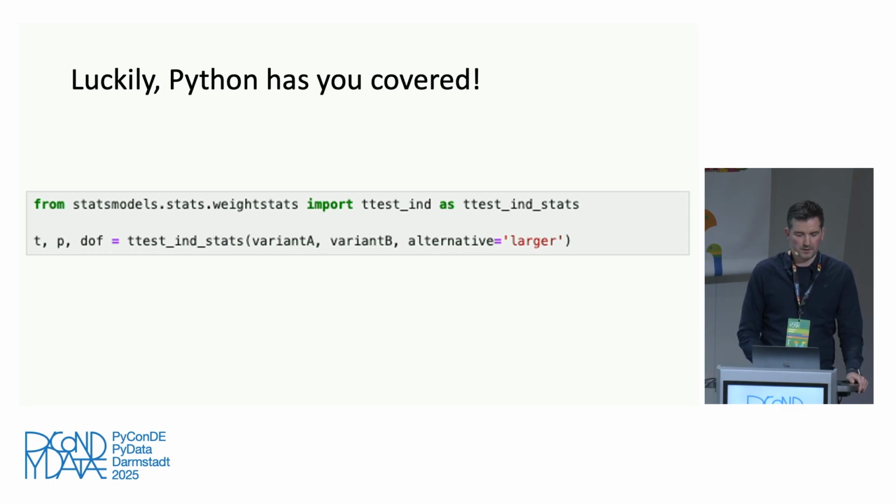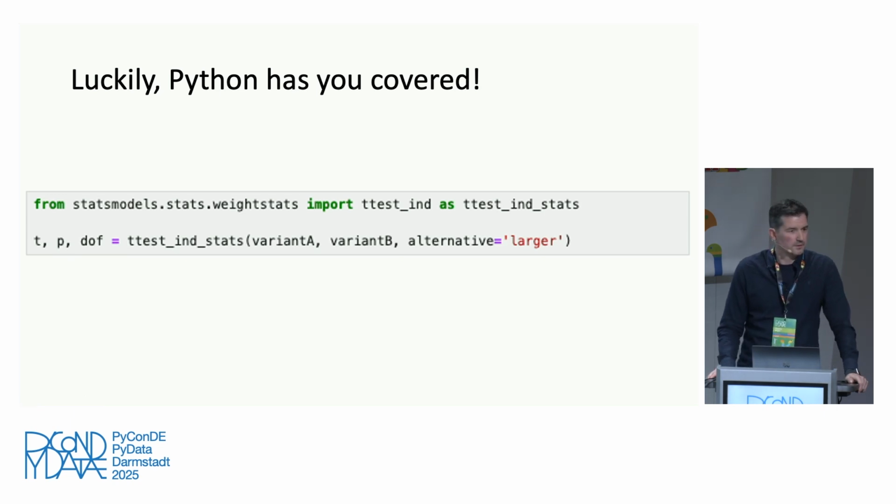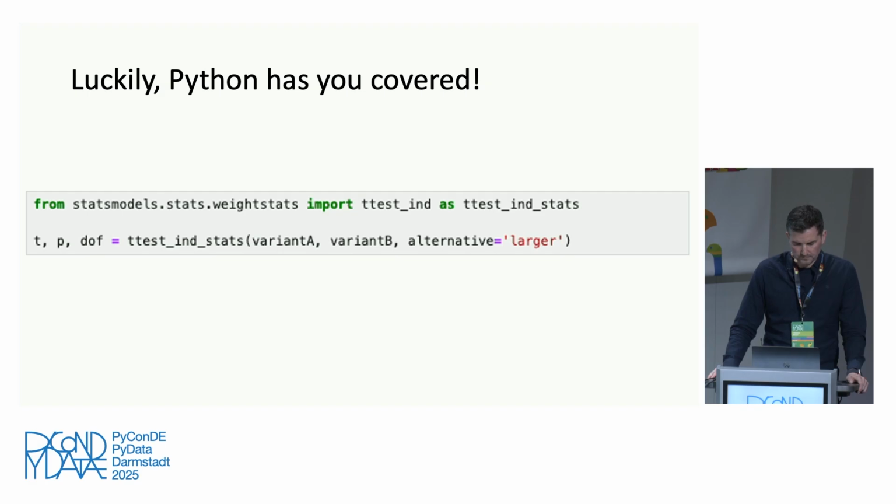And then you get something like a t-test statistic, a p-value, and the degrees of freedom, DOF. And as a software engineer, you know how to plug these numbers in. So what you then get is a result. And people tell you, okay, just look at the p-value, and it needs to be below 0.05 or below 0.01.